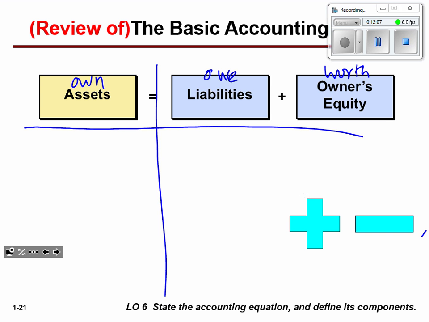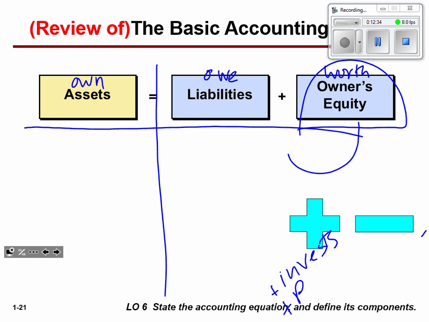I'm going to show you how these two work in a minute. If I look under just this umbrella, and don't necessarily draw an umbrella yet, if I look at the owner's equity umbrella, it's already factoring in this. What I own minus what I owe is what I'm worth. But there's two things that can make it go up when an owner invests more money or assets in. That's one plus, and we're going to get into this in just a minute.